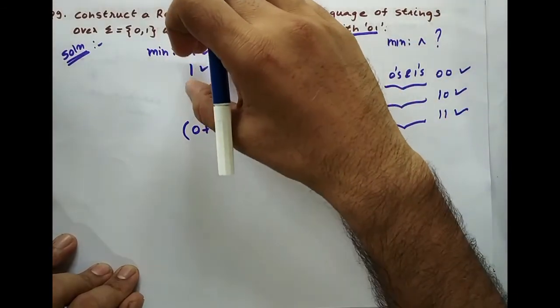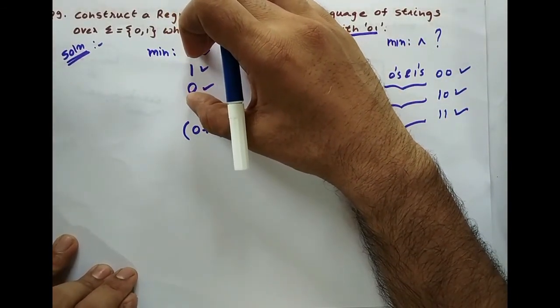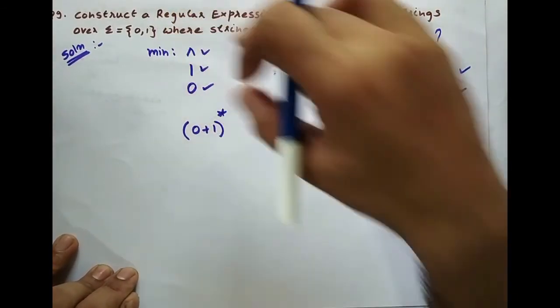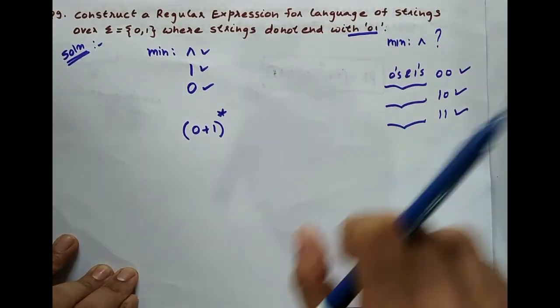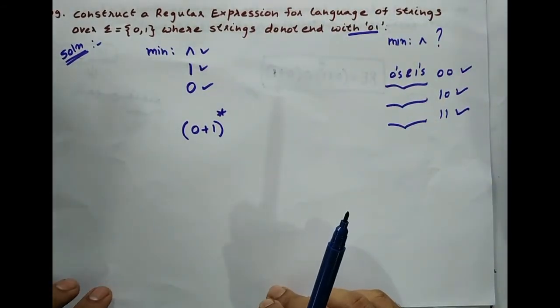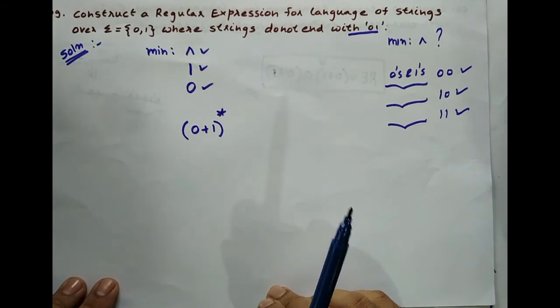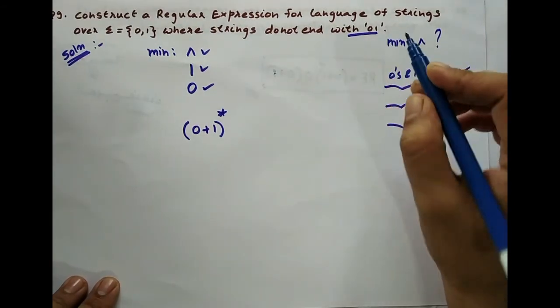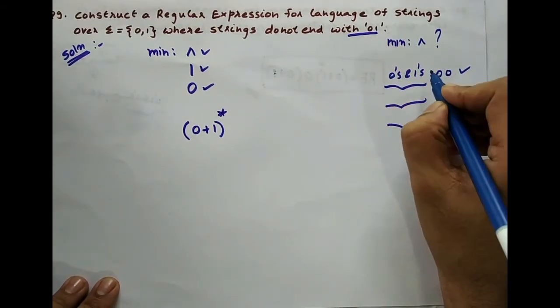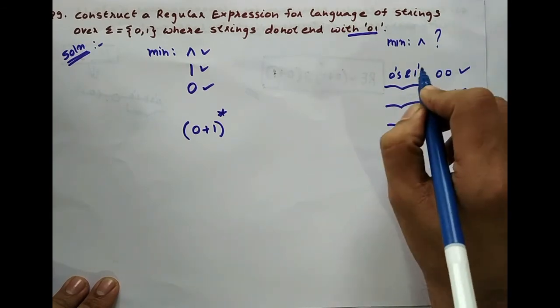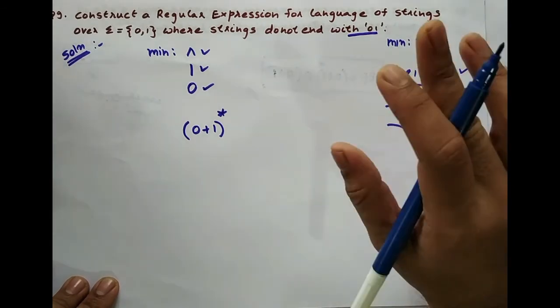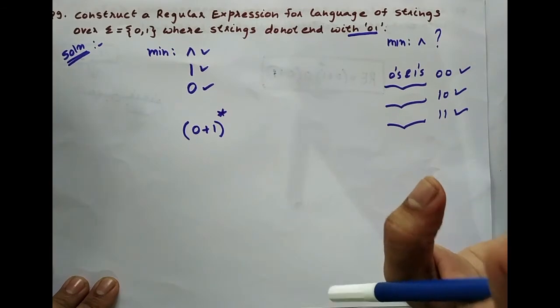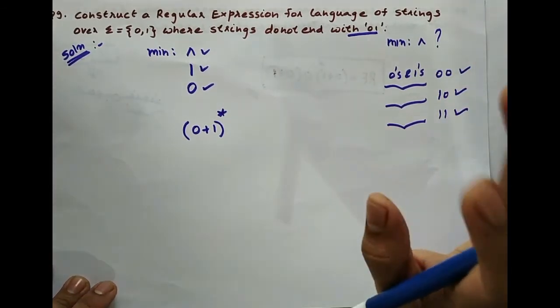So now we will consider the single length strings as well as the higher length strings while writing this regular expression. First we will write a regular expression for the strings of length more than 1, say length 2, length 3, length 4, and so on.